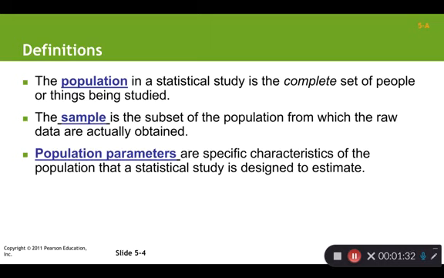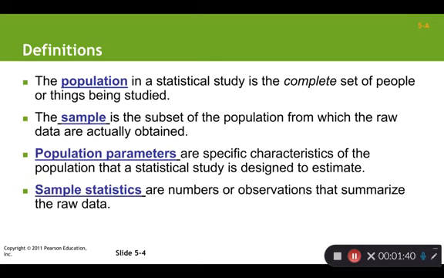And so I want to know that about all UCA students. That would be my parameter. But again, since I can't ask all UCA students, I just ask a sample, and therefore the information I actually get will be called my statistics. They're the numbers or observations that summarize the raw data that I was actually able to collect.